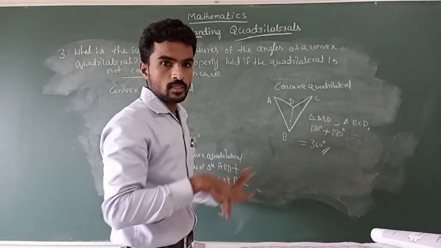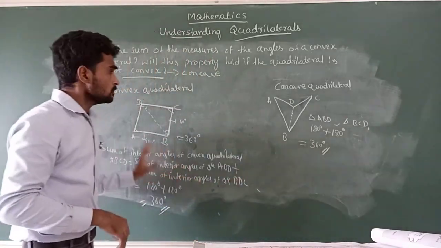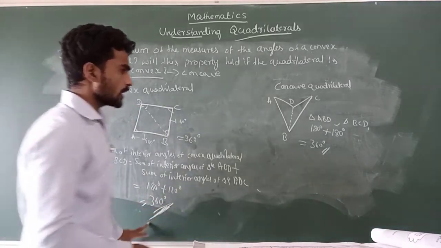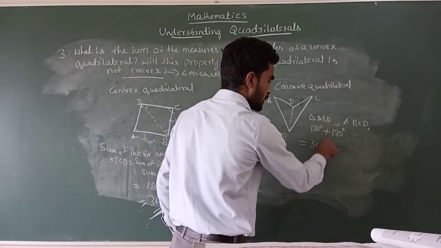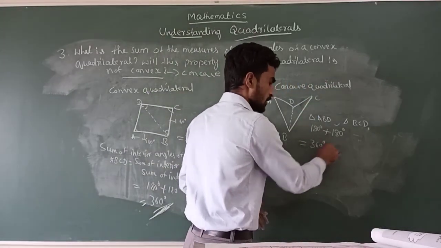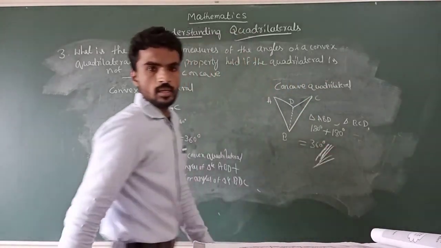Both are the same. The sum of interior angles of a convex quadrilateral is 360, and the sum of interior angles of a concave quadrilateral is also 360 degrees. Both will be the same.